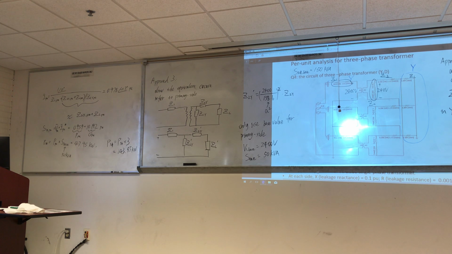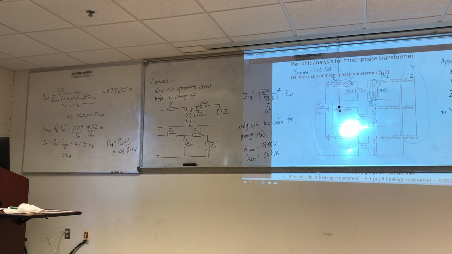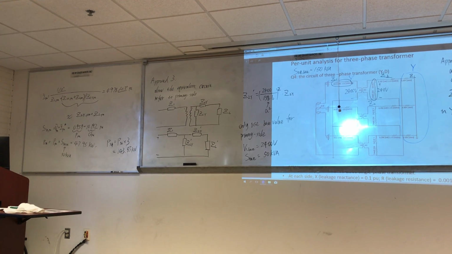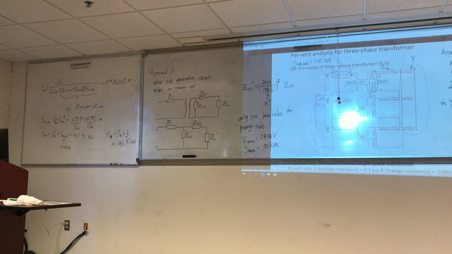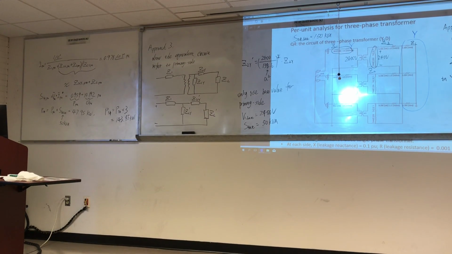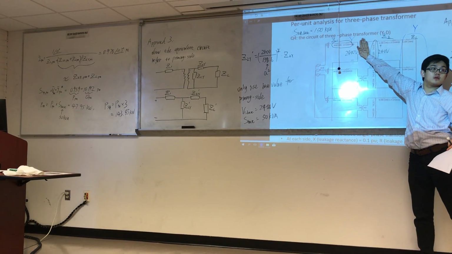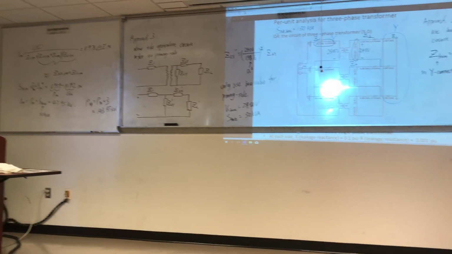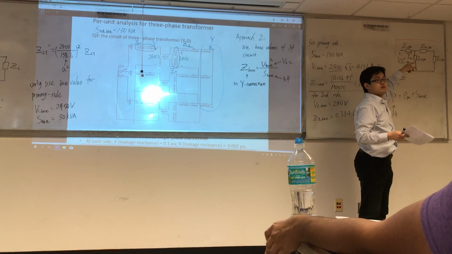It's not necessary, but this way helps you understand why we do the per unit calculation. If we use the per unit calculation, you can remove the middle part. You can consider it a simple circuit like this, with no voltage ratios.